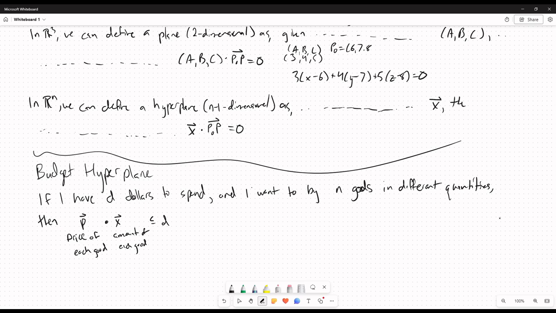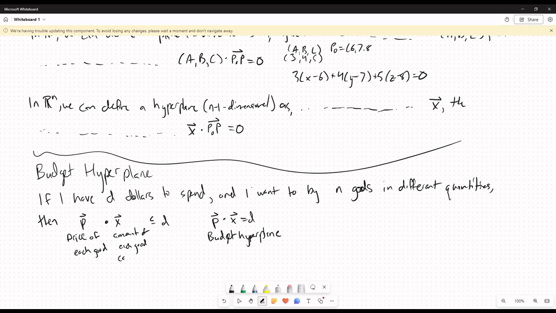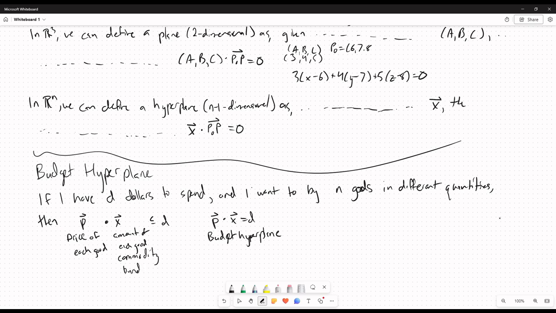In fact, we call the hyperplane given by P dot X equals D the budget hyperplane. And I should also say, because this is part of what I'll ask you to do, the amount of each good is also called the commodity bundle. Okay. So we have that.